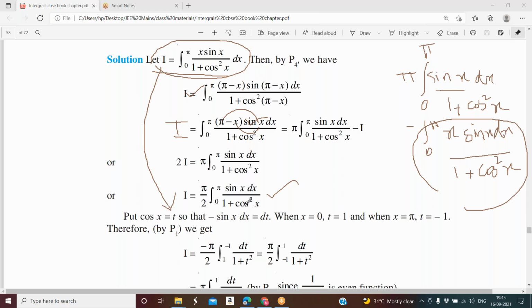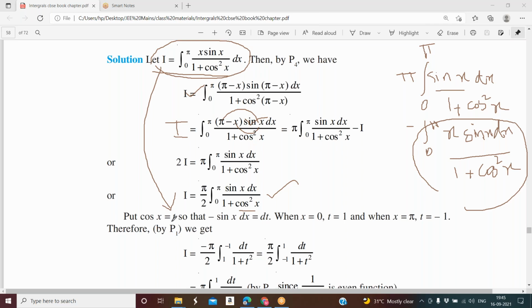How to integrate this one? By using the substitution method. What substitution can we use here? We know that the differentiation of cos x is minus sin x. We have cos square x in the denominator and sin x dx in the numerator. So I am going to take cos x equal to t.